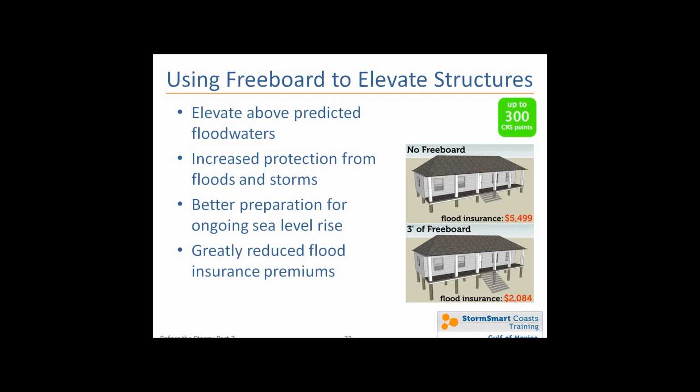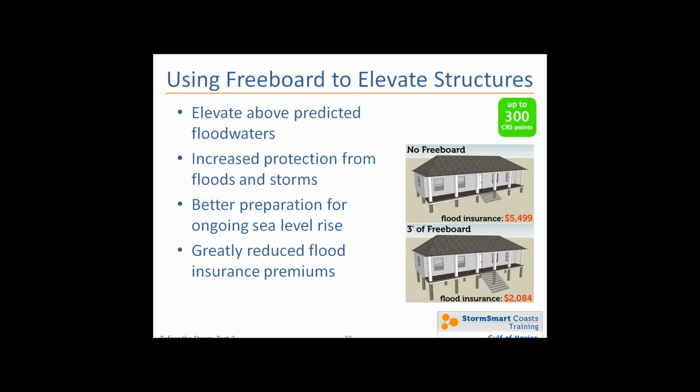Freeboard also affords better preparation for ongoing sea level rise. Since elevations on flood insurance rate maps do not include sea level rise, freeboard will keep structures above floodwaters as storm surge elevations increase.